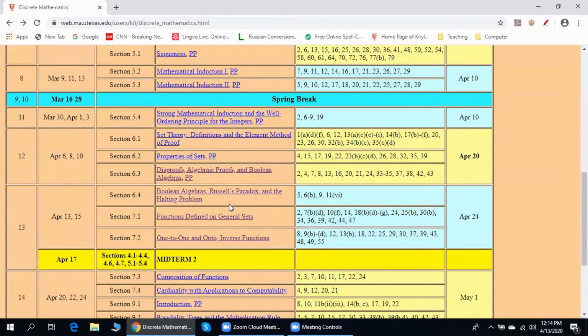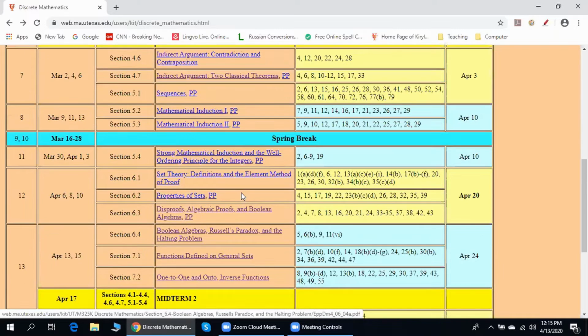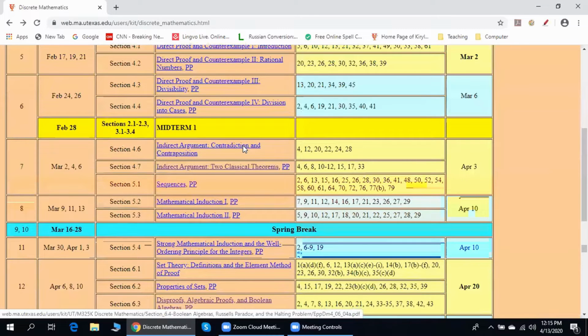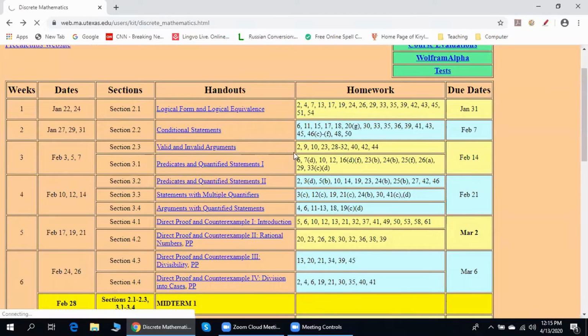Section 6.4. In 6.4, we discuss the following. Let us compare two tables. Let us first go back to section 2.1 and take a look at this table.